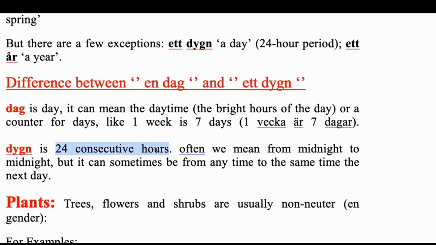But we have class at 7 a.m., so from the next morning 7 a.m. will be ett dygn, a day. Consecutive 24 hours are ett dygn, and bright hours of the day you can call en dag, or maybe days of a week, that can be en dag. That is the difference between these two.